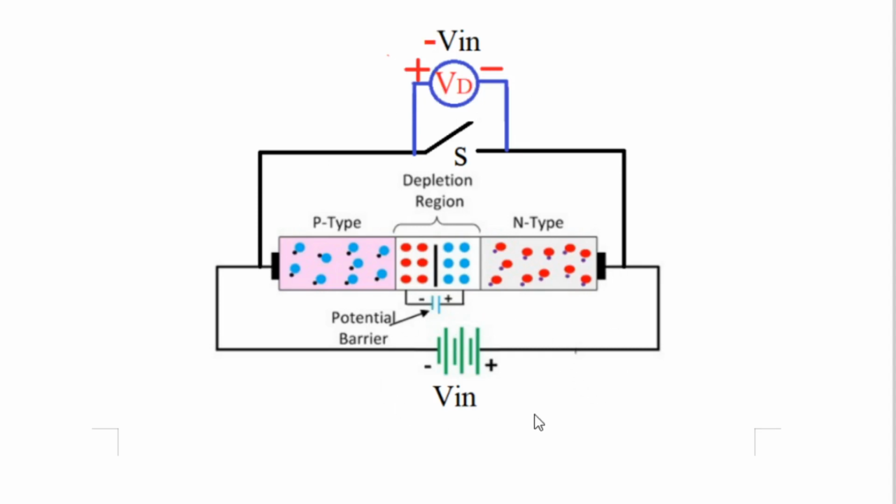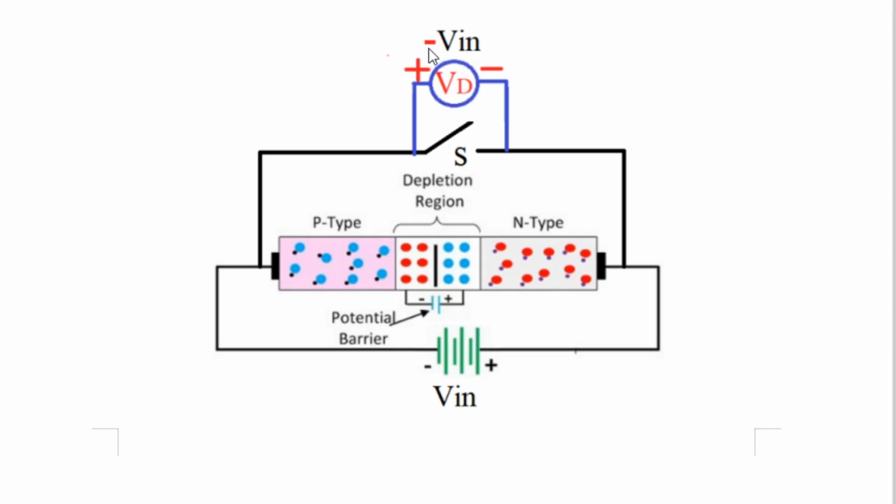But now our diode is reverse biased. Therefore the negative terminal of the input voltage Vin is connected to the anode. The positive terminal of Vin is connected to the cathode, and therefore the voltage measured across this reverse-biased diode, which is behaving as an open switch, is minus Vin.